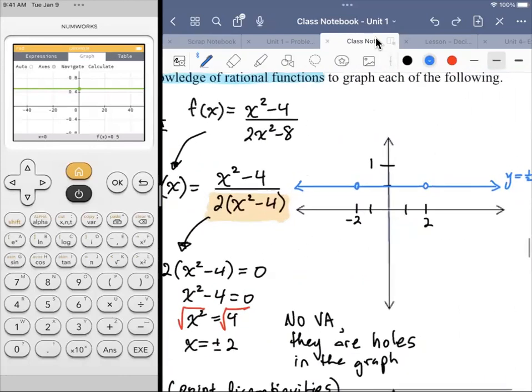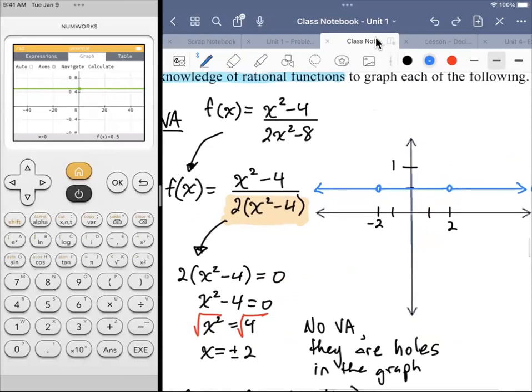All right. The better way of doing it is to think about any time you see a rational function, can I simplify it straight away? The top has factors of x minus 2, x plus 2. The bottom, we already did the part where we pulled out the 2, so that would also have factors of 2 times x minus 2, x plus 2.